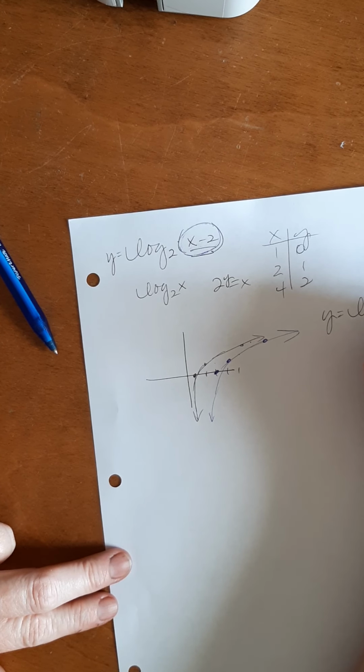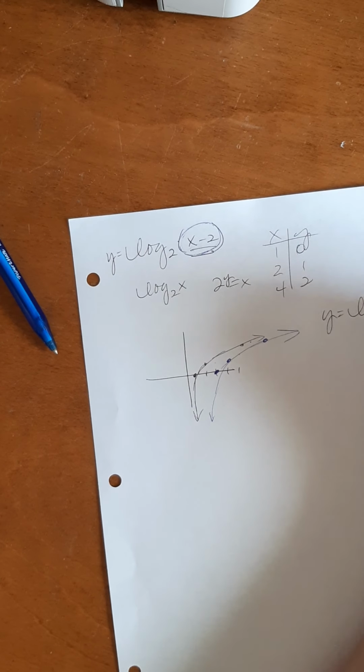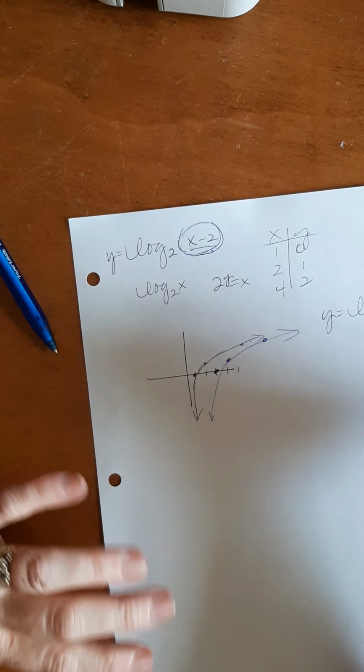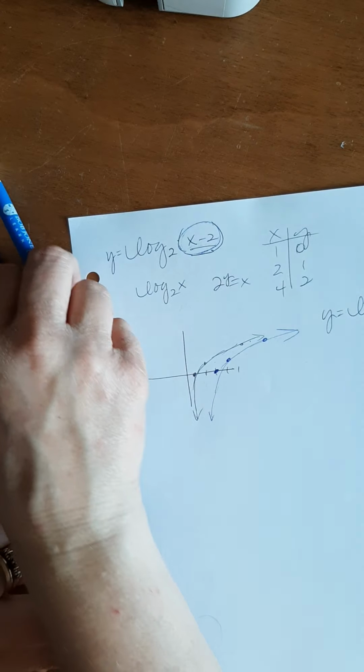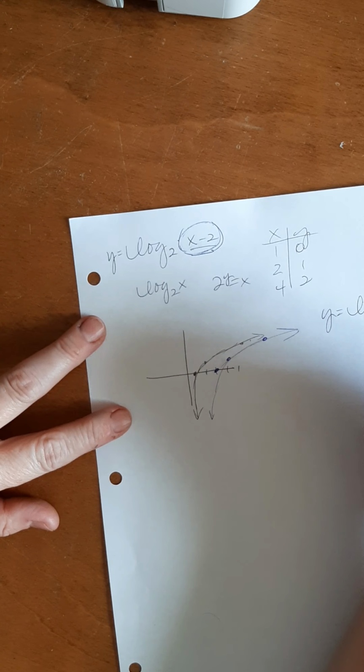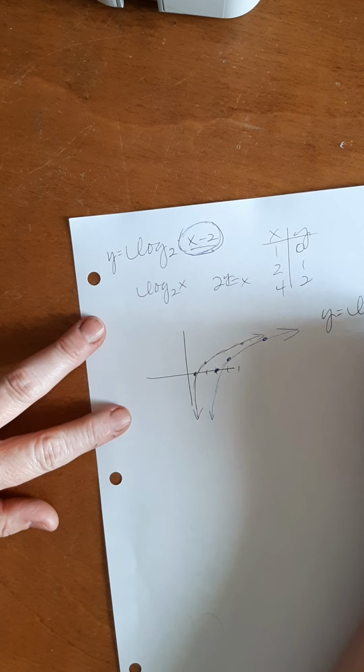Same thing if it was log base 2 of x plus 3. This one, it's still the parent one, but I wish I could find another good color. That's a terrible pencil. I guess we'll do it now. Ooh, a felt tip blue. This one, notice how it's on the end.